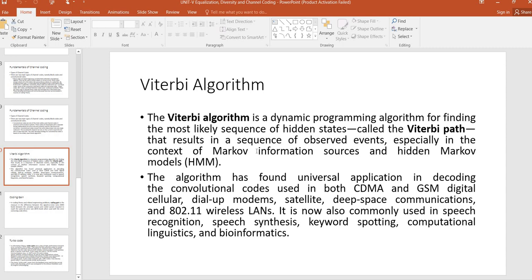Decoding means, in universal communications, using a common medium like a wireless or maybe a physical network. So it uses this convolutional code. What is the convolutional code?